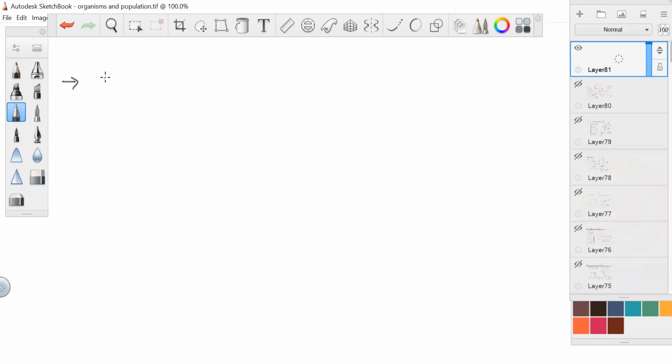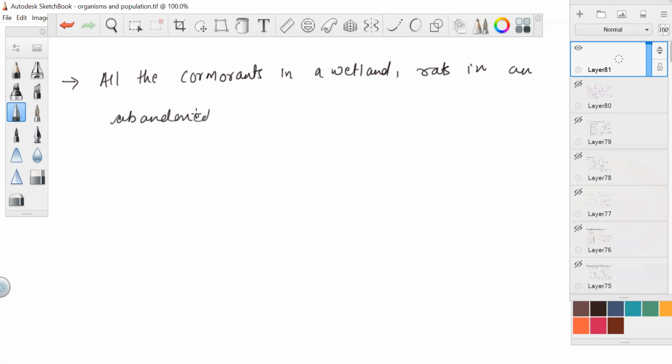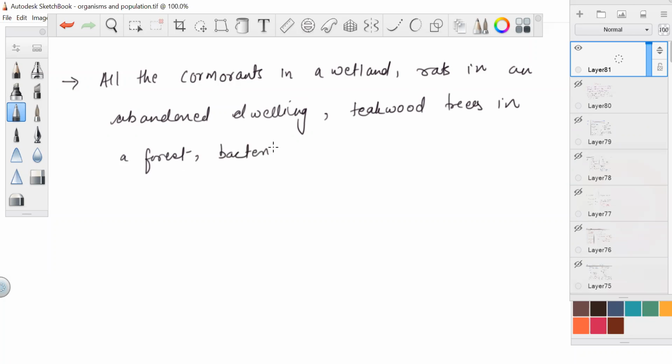So we can say, for example, all the cormorants in a wetland, rats in an abandoned dwelling, teak wood trees in a forest, bacteria in a culture plate, lotus plants in a pond are some examples of population.